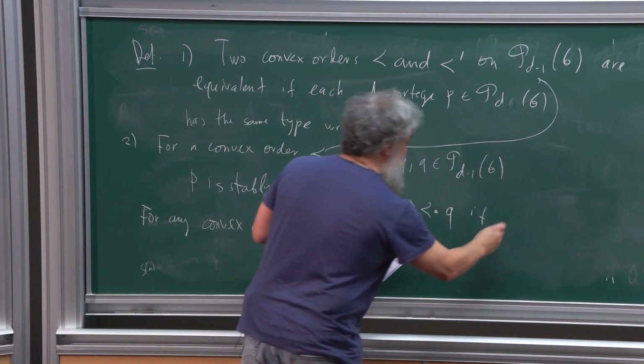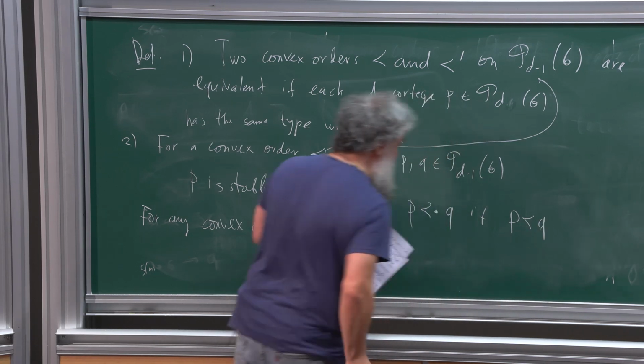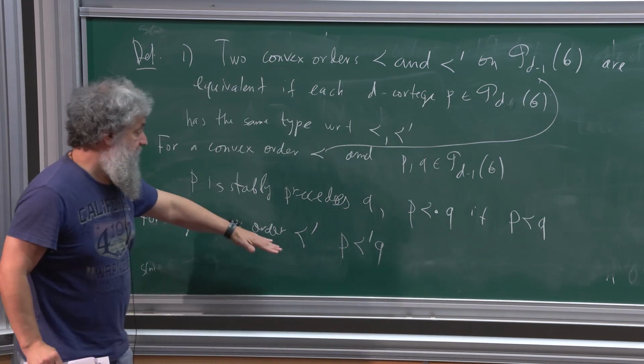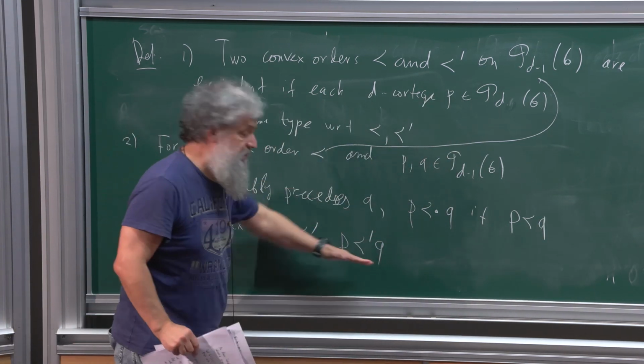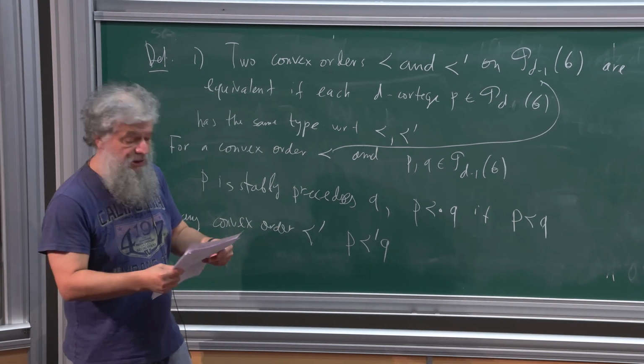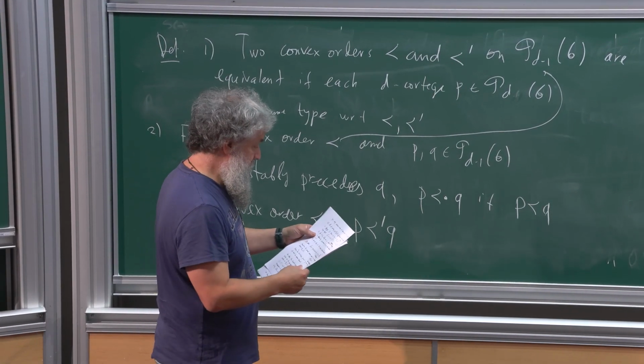So if P is less than Q, then for any convex order we have the same relation between these two Cartèges.